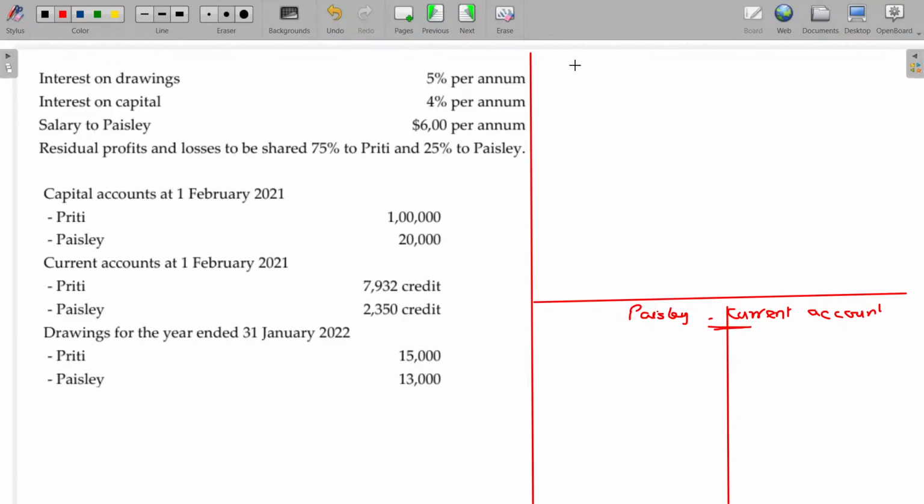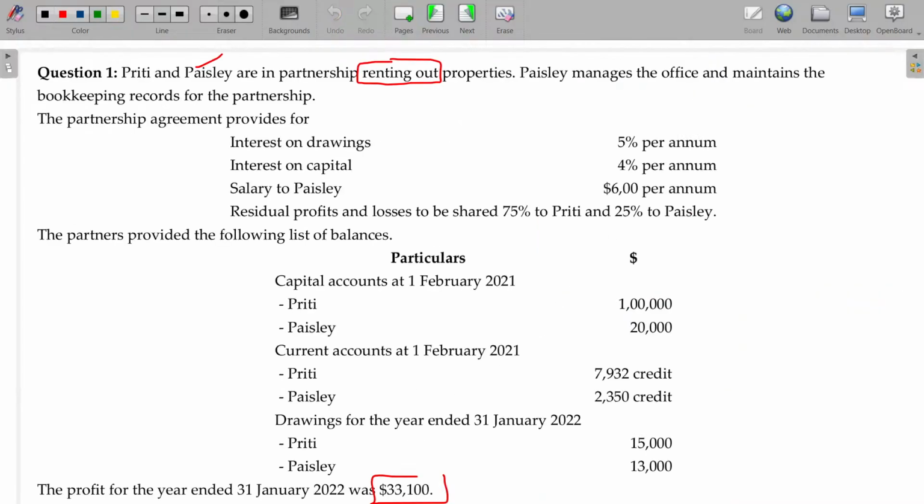And this will be appropriation account. Appropriation account. Right. We start with the profit for the year. Profit for the year. That value being 33,100.